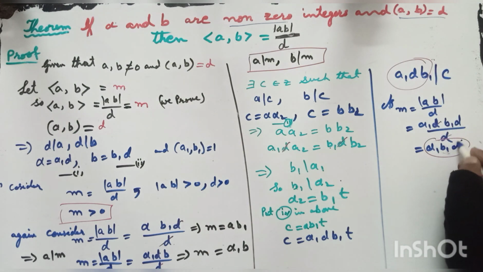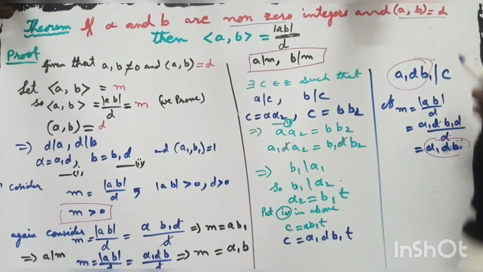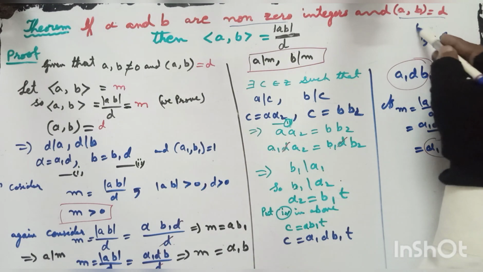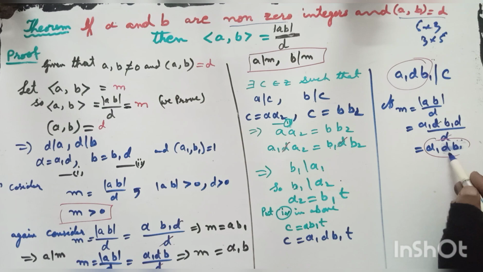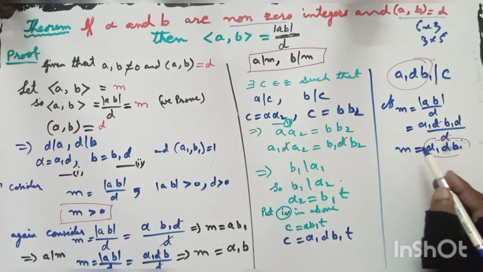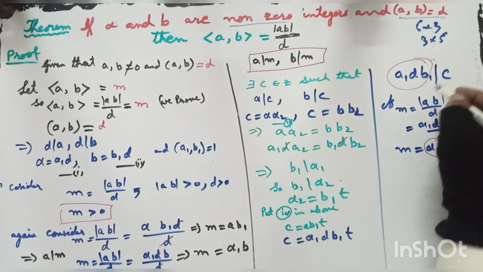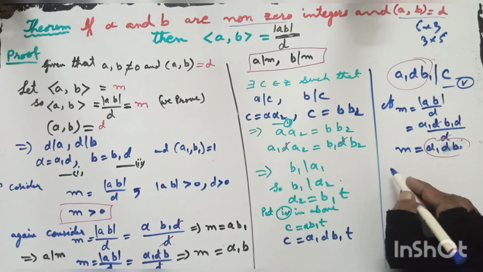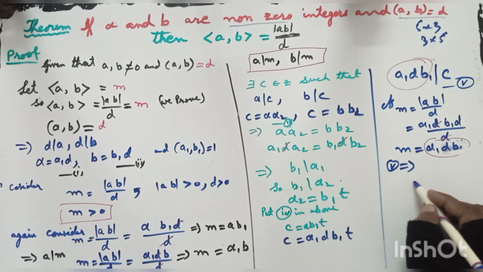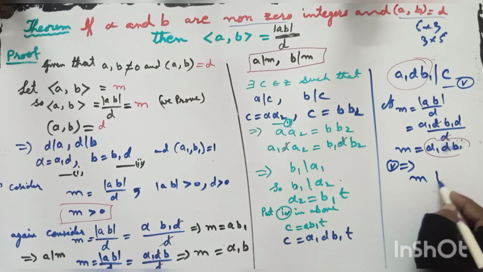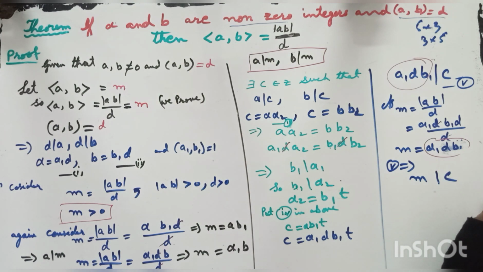There is no difference between 3 multiply 5 and 5 multiply 3, as you know that. So what is this? This is M. It implies M divides C.